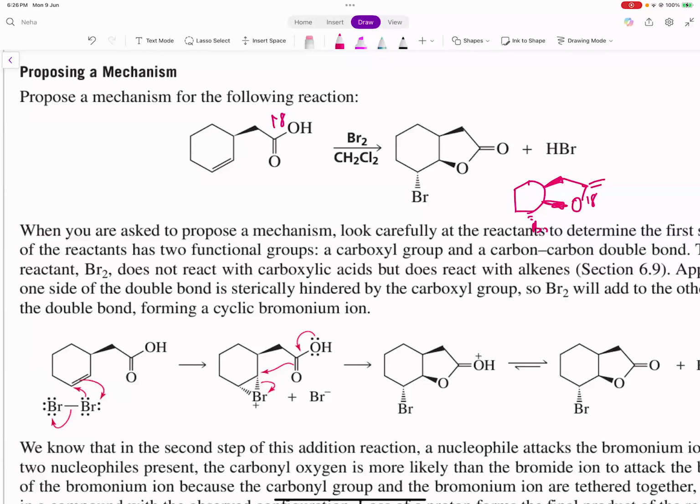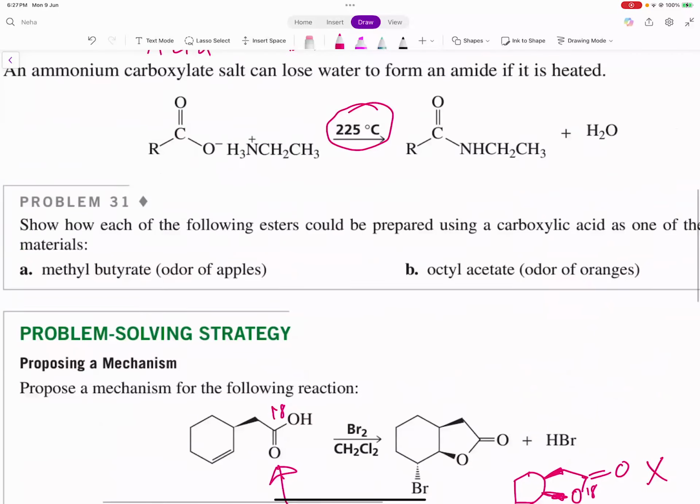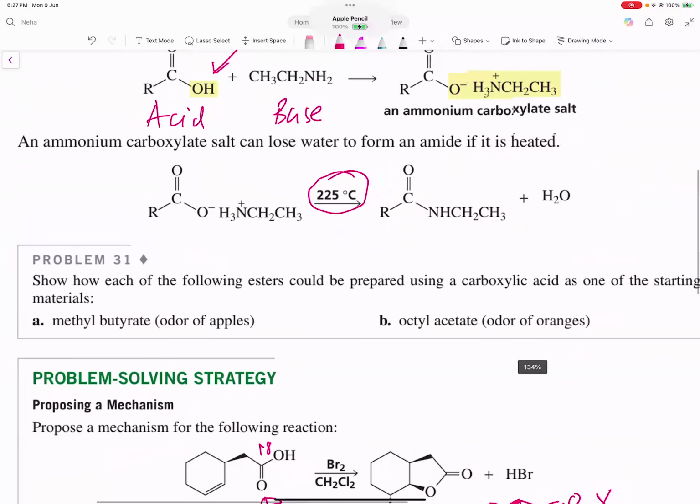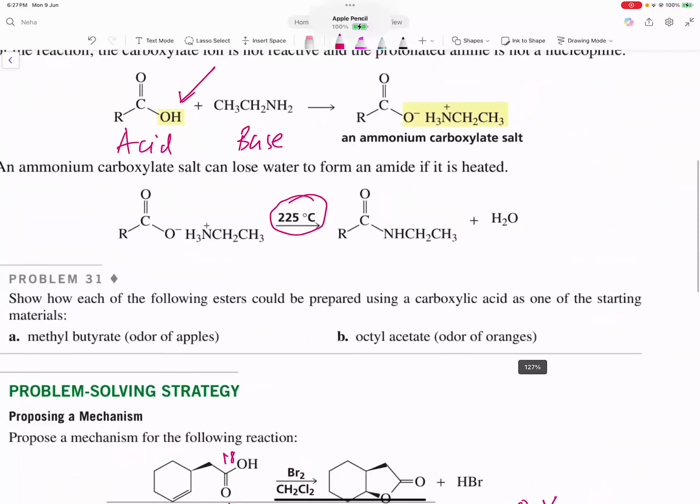Got it? So this is incorrect, right? Because this oxygen will attack, as it has more electron density. We'll come to this. First, you do this. 31st.